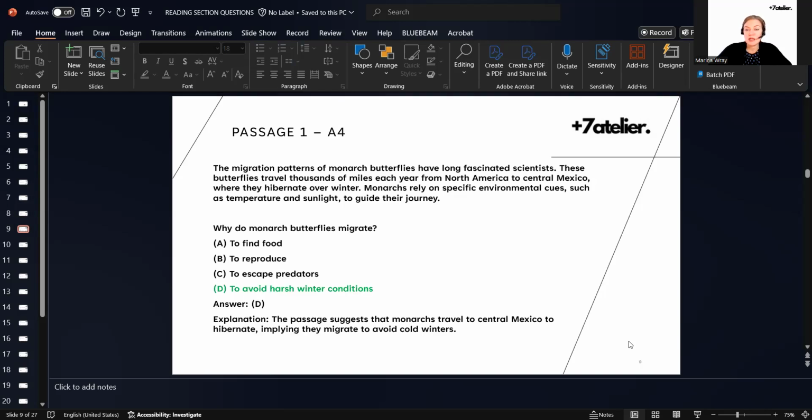So the correct answer is D. And the passage suggests that monarchs travel to central Mexico to hibernate, implying that they migrate to avoid cold winters. It's warmer in the wintertime in central Mexico, so they all fly there to avoid harsh winter conditions.